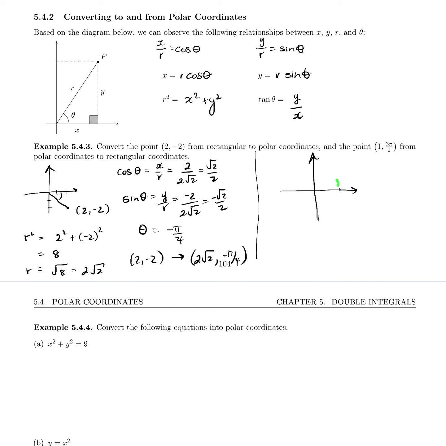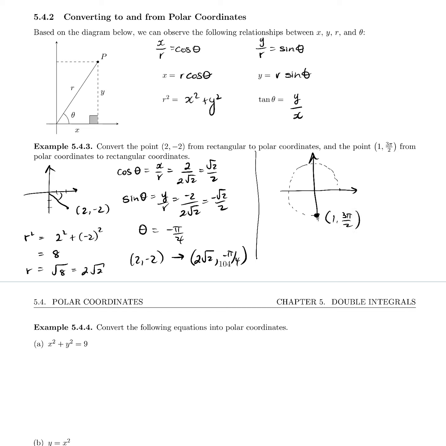So that's 1 pi over 2, 2 pi over 2, and 3 pi over 2. So there is our point, this is our angle going around here of 3 pi over 2 and our distance of 1. So there's our point in polar coordinates of 1 and 3 pi over 2.